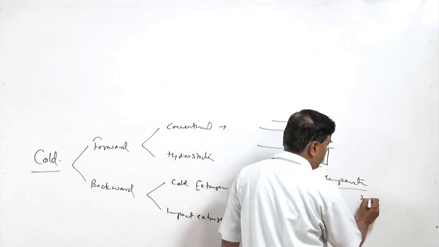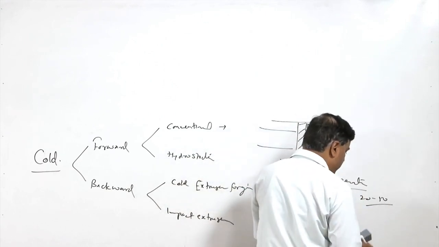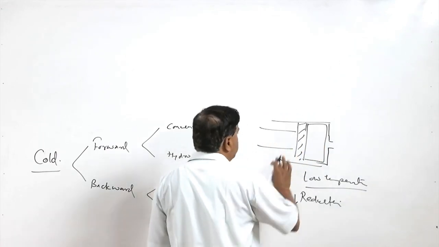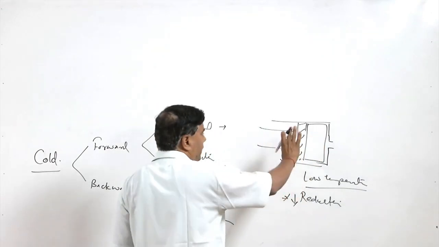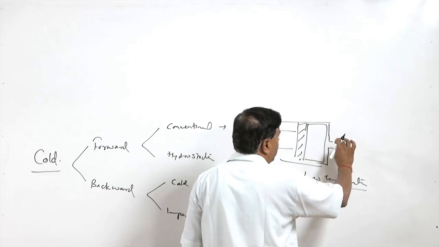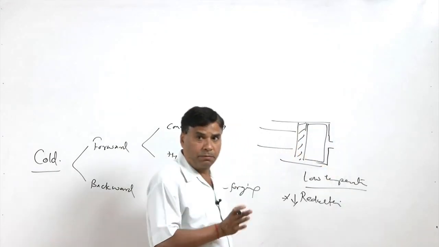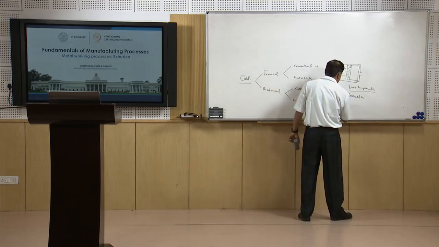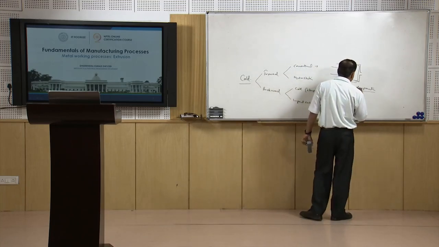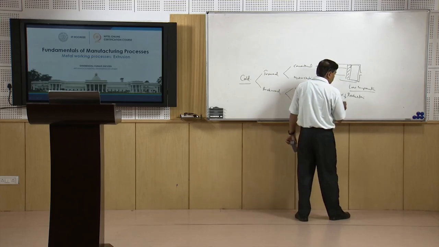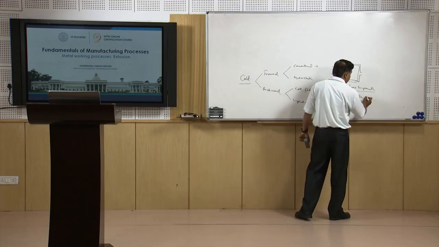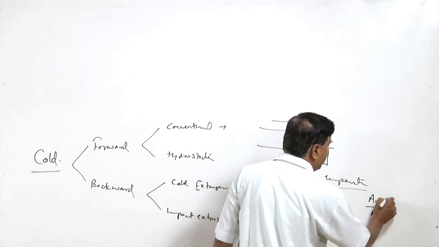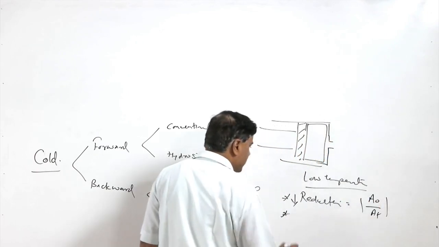It is not like 20 to 50 units, but very low reductions, which means the difference in the cross section of the billet and the extruded product is not as high as in the hot extrusion processes. So, the reduction is somewhat less, meaning the initial area divided by final area ratio is less.